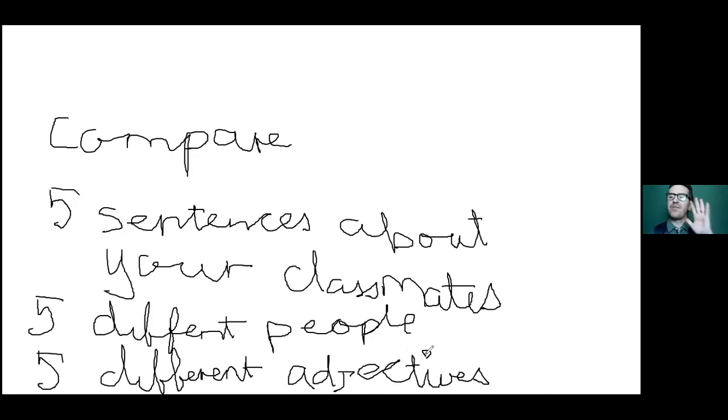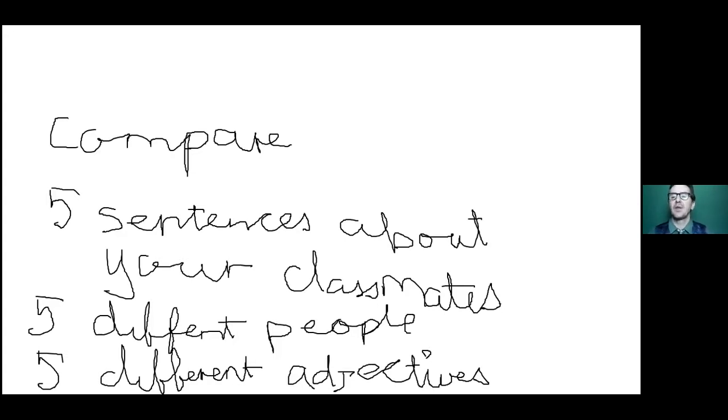So I only want 5 sentences. But if we say like, Tut Camelia, she can do Fira, she can do teacher Fika, she can do maybe me, she can do Aska, 5 different people. So you cannot say everything about one person, but 5 different people. And then 5 different adjectives: tall, short, young, old, fat, thin, skinny, any of those. So you need to use 5 different adjectives.